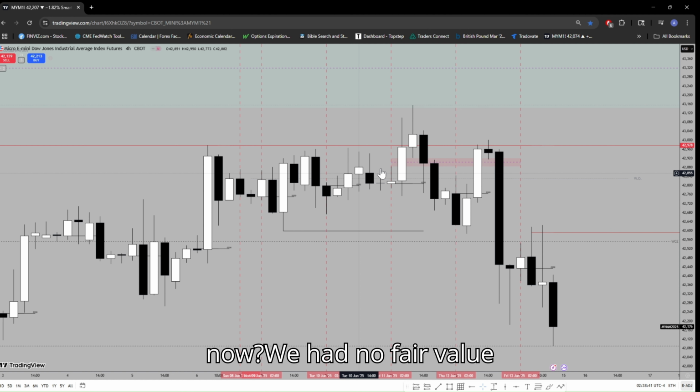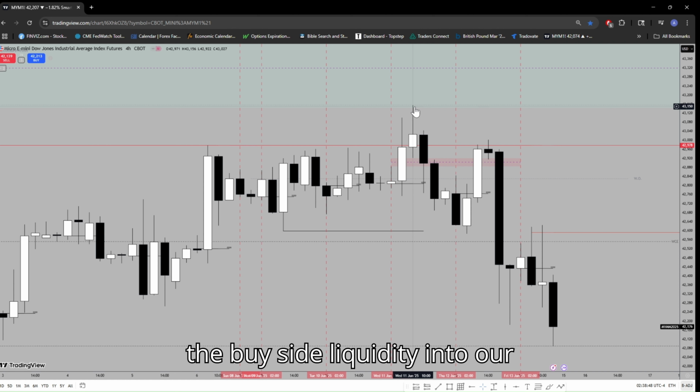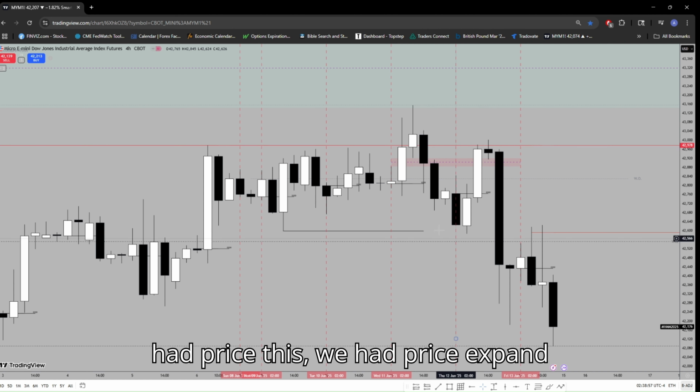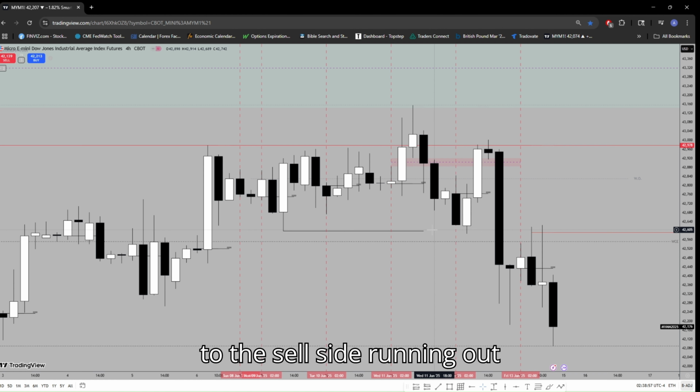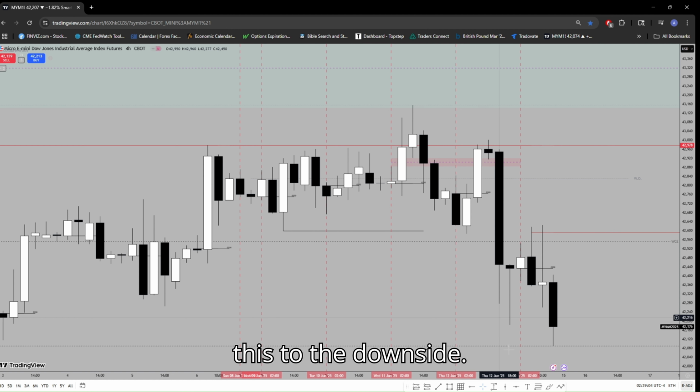We had no fair value gaps formed until price ran the buy side liquidity into our weekly fair value gap. That tells a lot. We then had price expand to the sell side, running out these lows, or rather breaking structure to the downside.